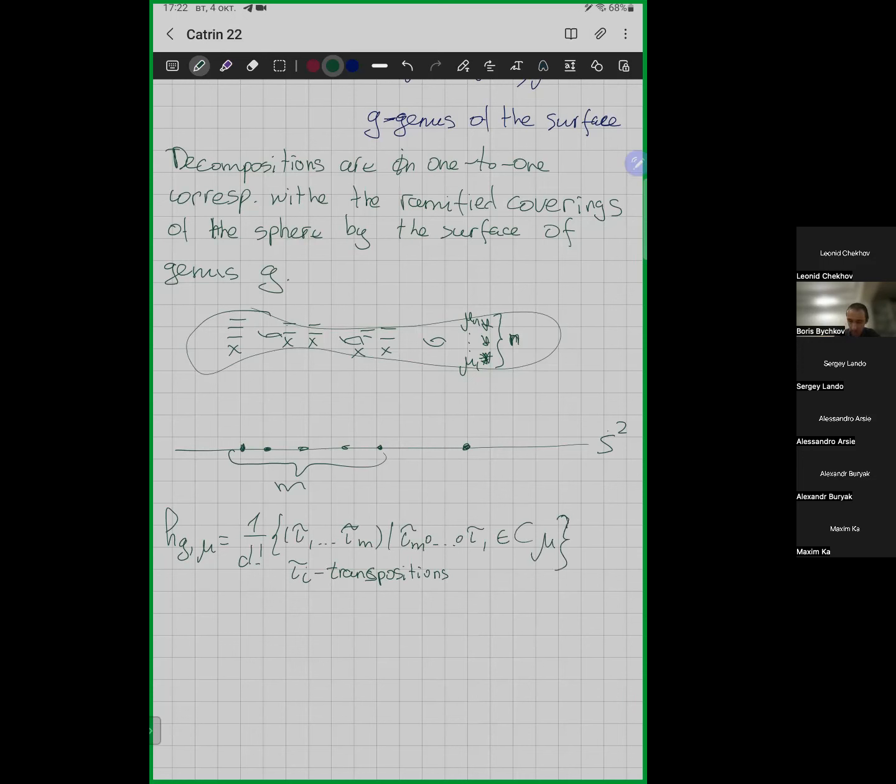And you see here I said nothing about connectedness or disconnectedness of this upper surface.